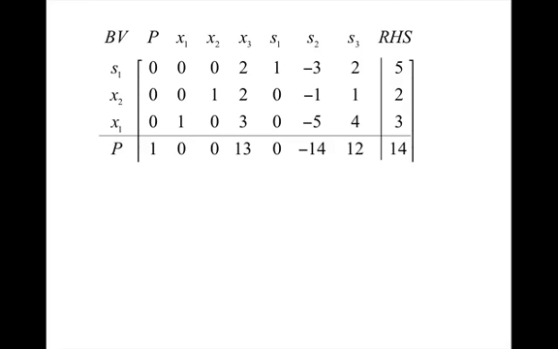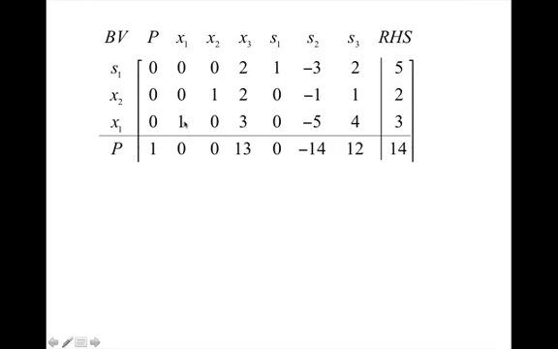Since I completed a pivot, I need to reevaluate my basic variables. The last basic variable should always be P, and that's because your P column should never change. You have 3 zeros, and then the 1 is in row 4, so my row 4 basic variable is P. My next identity column is under x sub 1.